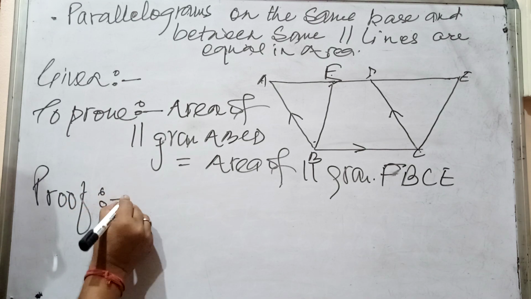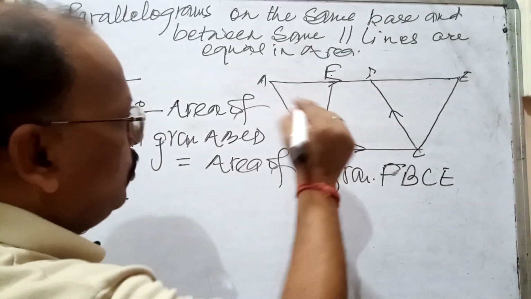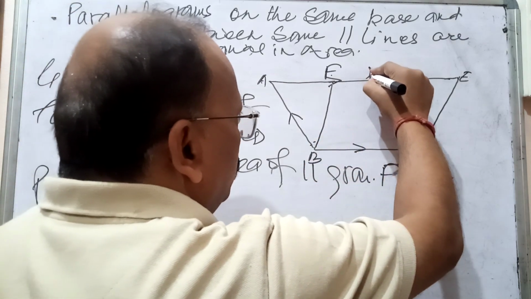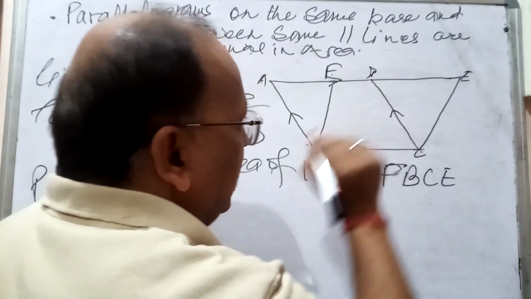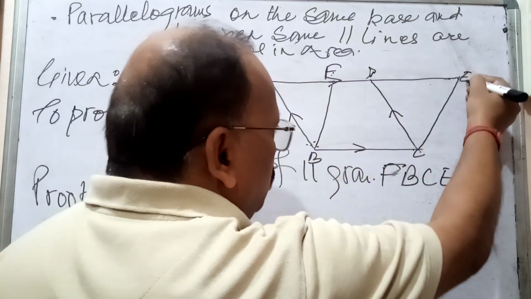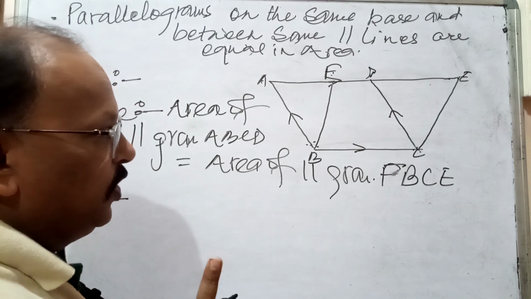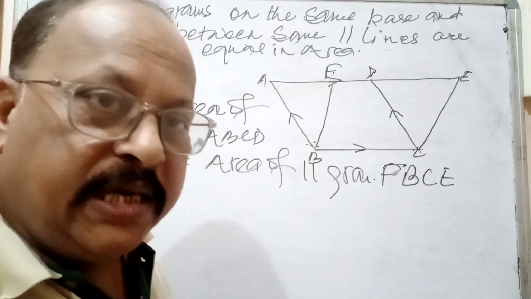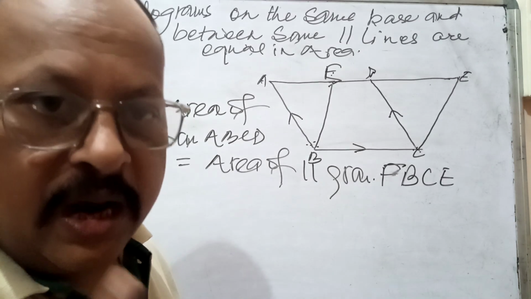Proof. While giving the proof, you know that AB is parallel to DC, and FB is parallel to EC. One fact I already told you: if two parallel lines are intersected by a third transversal line, then their corresponding angles are always equal.